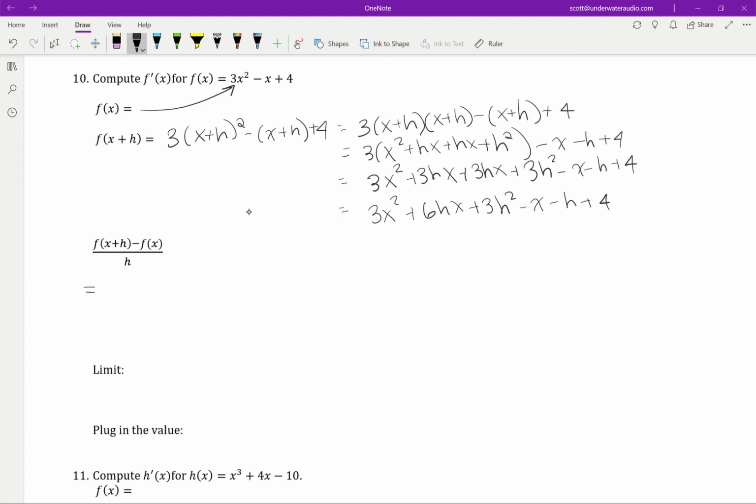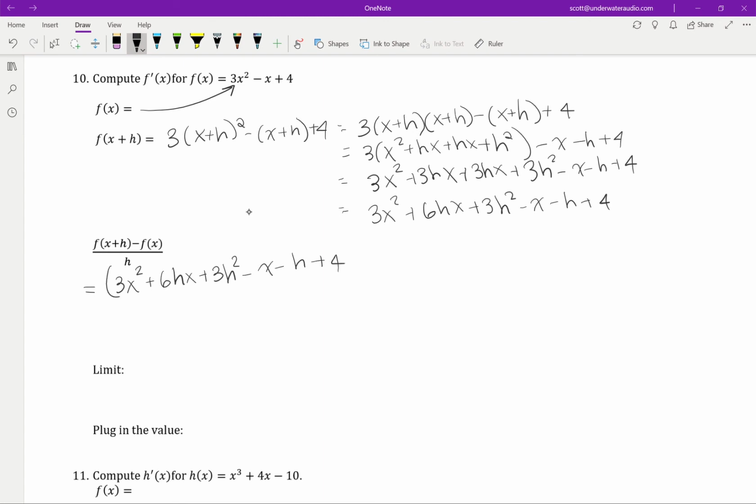Okay, I have f of x plus h. That's what this is. So plug that in. 3x squared plus 6hx plus 3h squared minus x minus h plus 4.